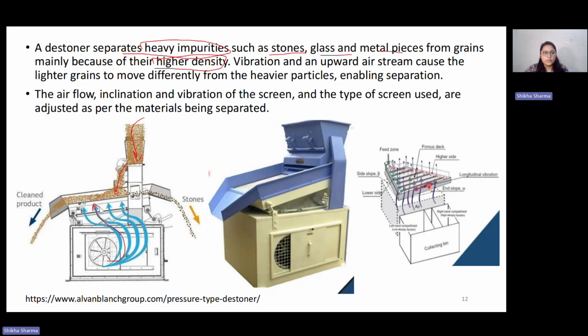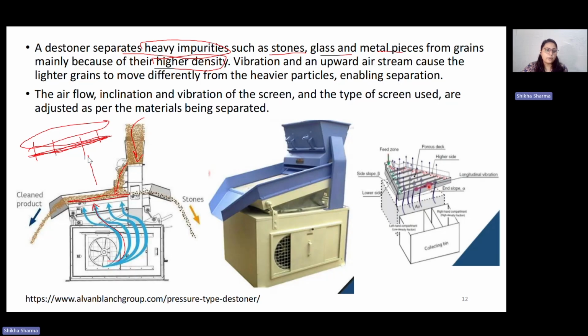In this destoner, air comes from the bottom to this platform, which has an inclined sieve. One long sieve with some mesh size is there, like this, and over it is the product with the stones.